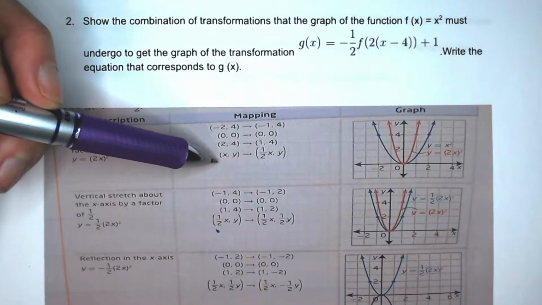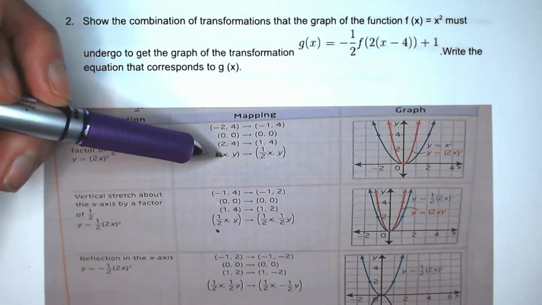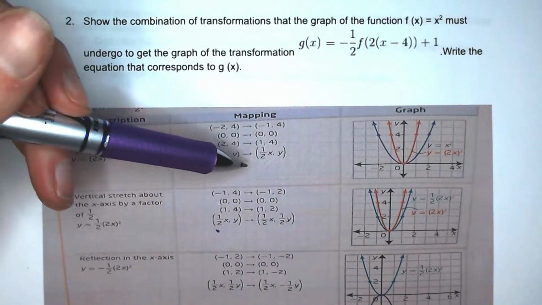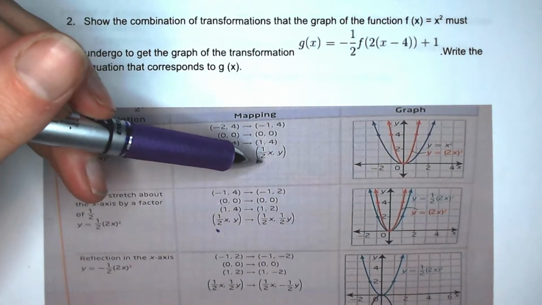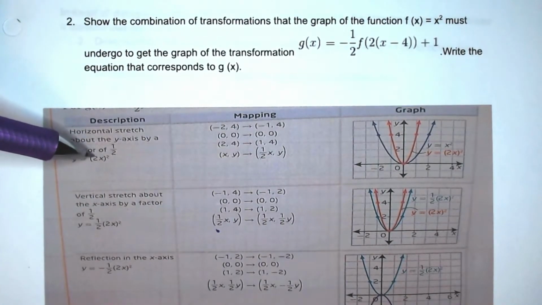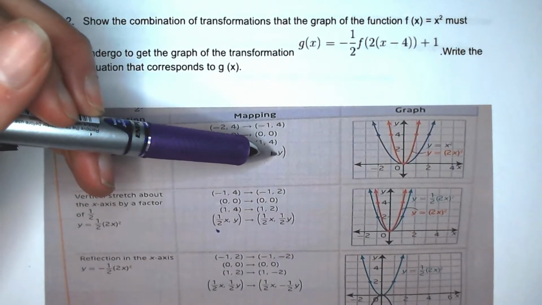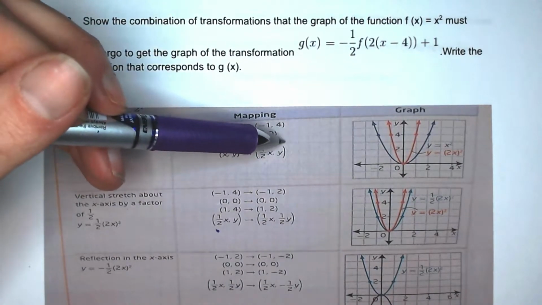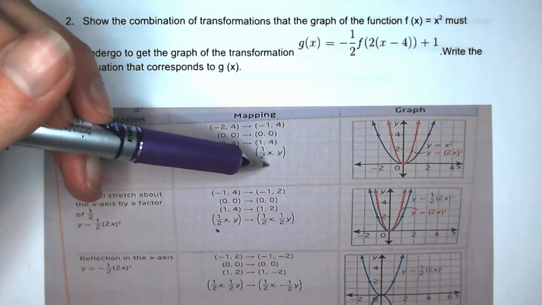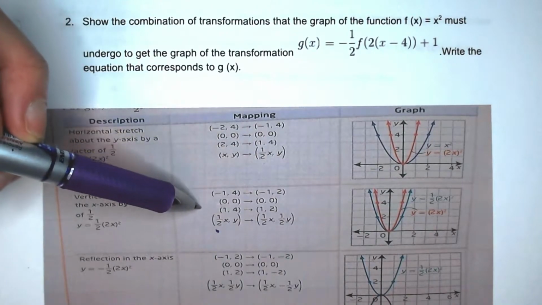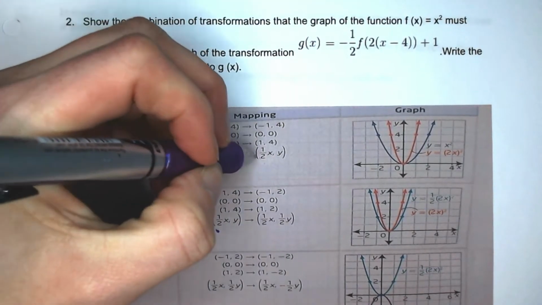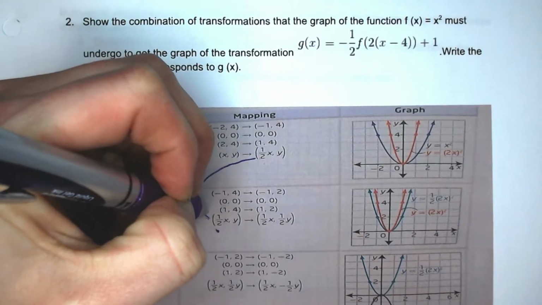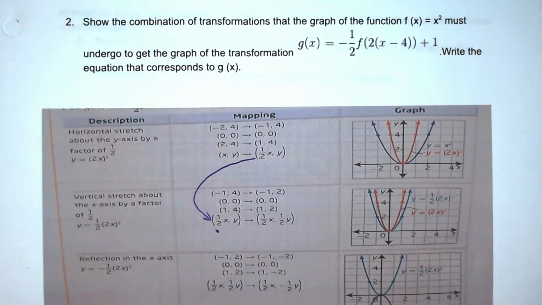When we look at our mapping points, we can see that x and y, our original, are now 1/2 x, which makes sense because we have that 2 affecting our x values, and our y's have not changed. Notice that this new mapping coordinate becomes our starting point down here. Now we're going to see what's the next change we're going to make to this graph.